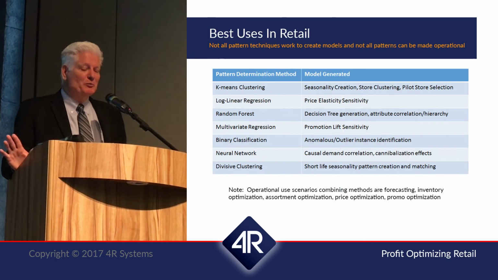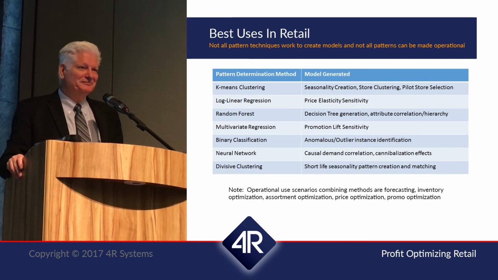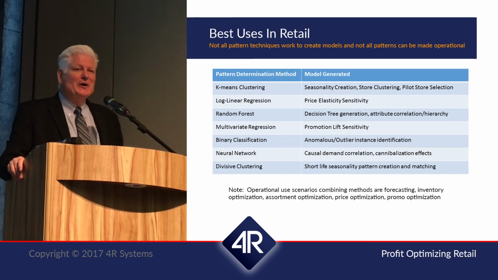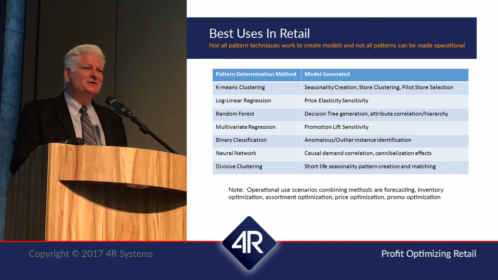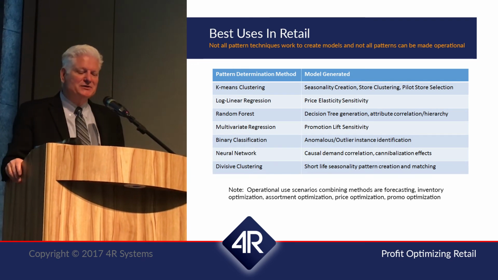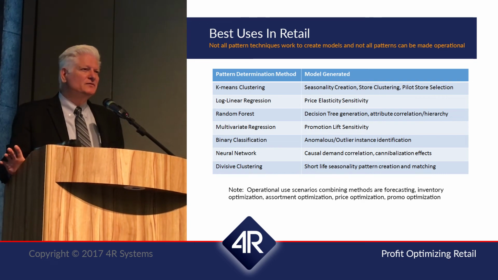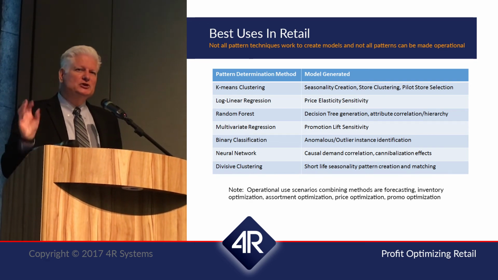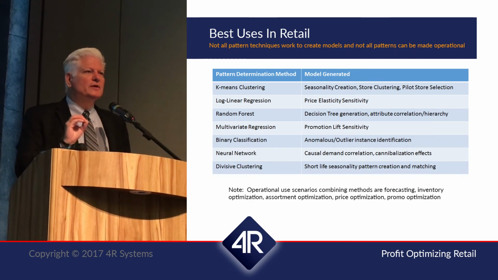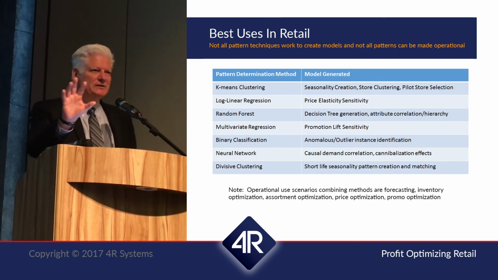This is the one I'm going to pass over quickly. For those of you who are advanced in statistics and methodologies and so forth, the key point on this one is there are lots of different algorithms and machine learning techniques that exist in the world, but not all of them work for all problems in retail.